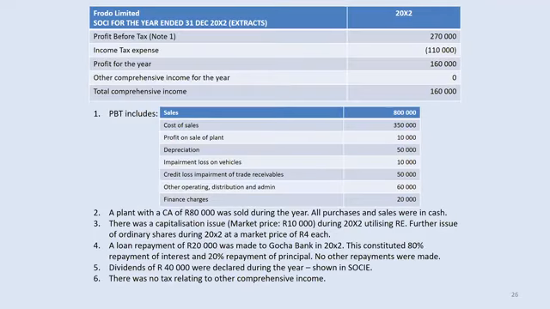And so it is always important that we refer back to the question. If we look at information 4, a loan repayment of 20,000 was made to Gotcha Bank in 20X2. This constituted 80% repayment of interest and 20% repayment of principal. No other payments were made.